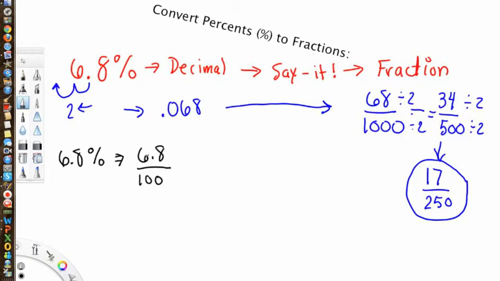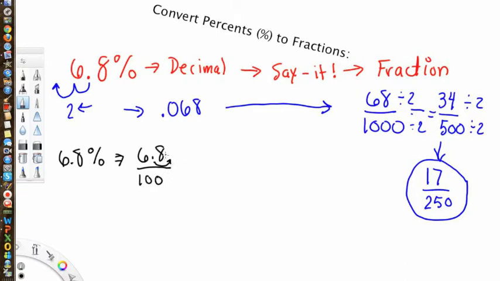What I have here in the numerator is a decimal. It's actually a mixed number, 6 8/10. I have a mixed number in my numerator. Now that's mathematically legal and everything, but we got to clean it up a little bit. And how do we do that? We need to move this decimal point one place over and make it a whole number.